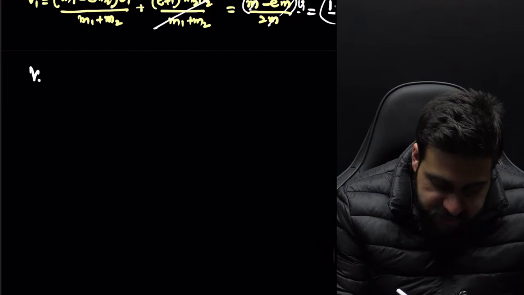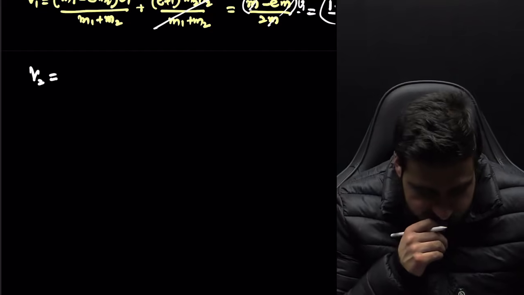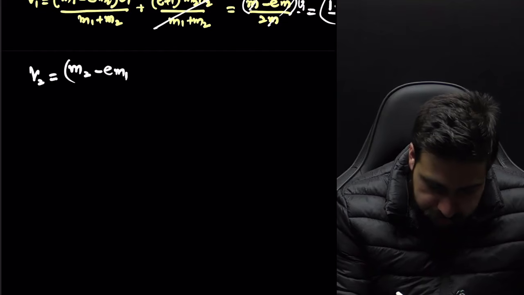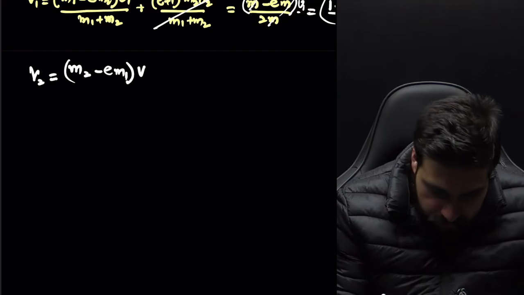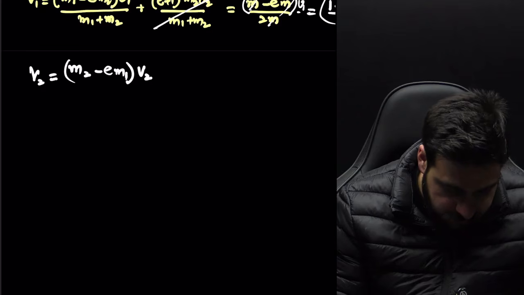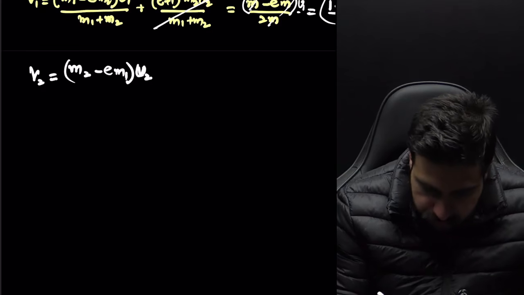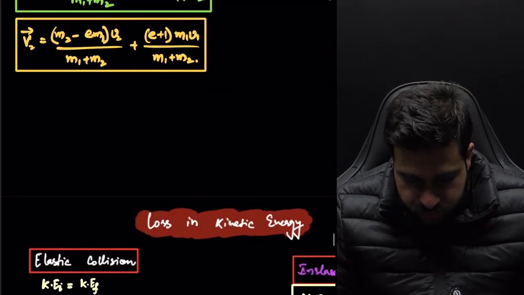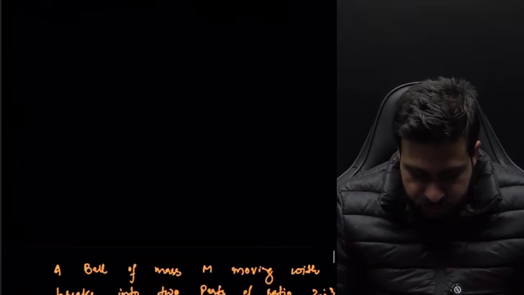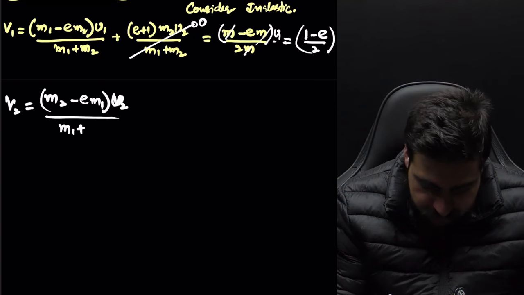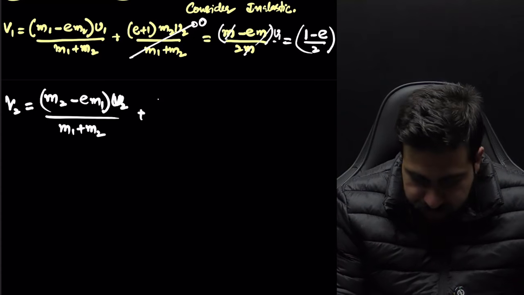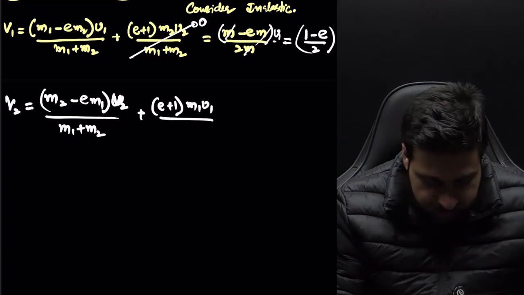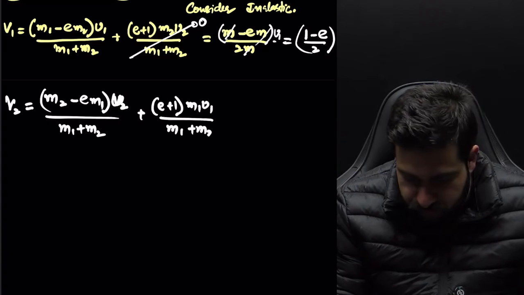Similarly, what is the formula for velocity V2? That is (M2 minus E times M1) into U2 divided by (M1 plus M2), then plus (E plus 1) into M1 U1 divided by (M1 plus M2).